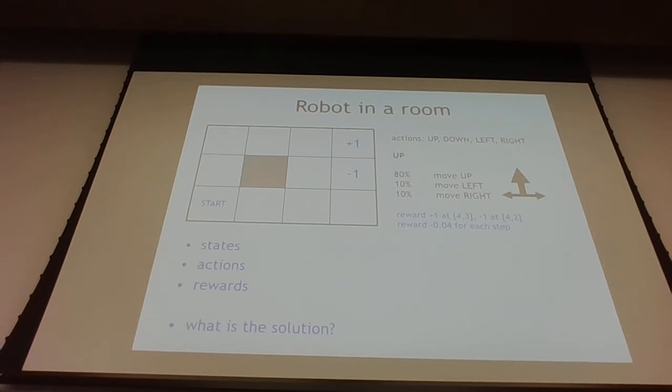This says that when you take action up, you move up with 80% probability, and there is a 10% chance you move left or right. Same way, if you move left, with 80% chance you move left, and another 10% chance you move up or down. So 80% of the time you maintain your direction. The other 10% you can go either left or right.